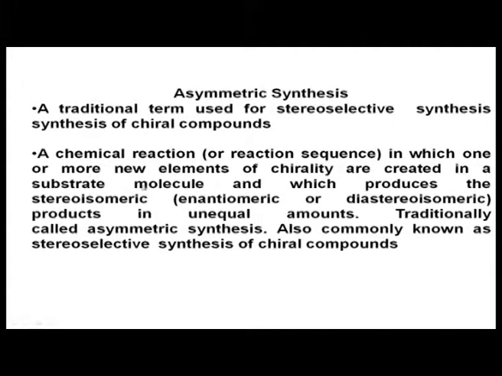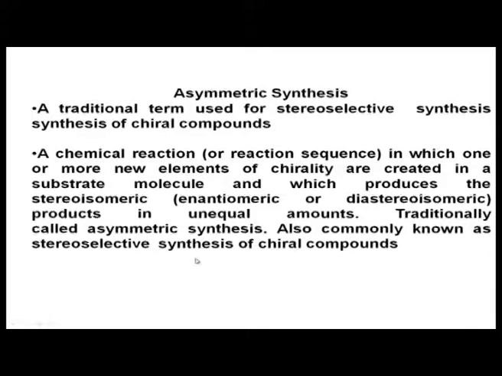If it is only one center, that will produce an enantiomeric product. If you are producing multiple chiral centers, then the products will be diastereomeric, and if these products are produced in unequal amounts, then that is called an asymmetric synthesis. But as I said, it is also commonly known as stereoselective synthesis of chiral compounds.